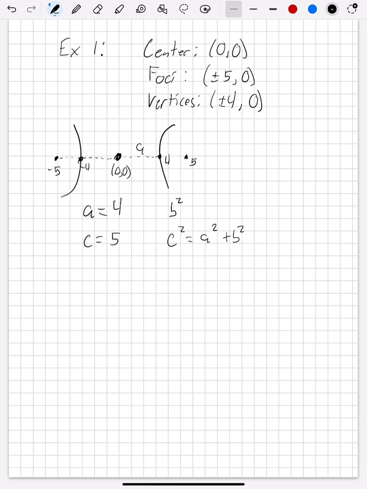So I've got a c squared of 25 because 5 is c. a squared is 16 because a is 4, so I subtract 16 and I get 9 equals b squared. That's what I use for the standard form, the b squared component, so I don't need to take the square root.